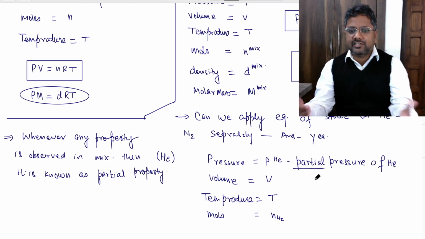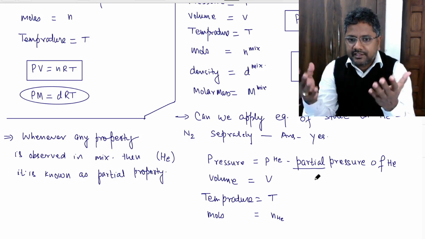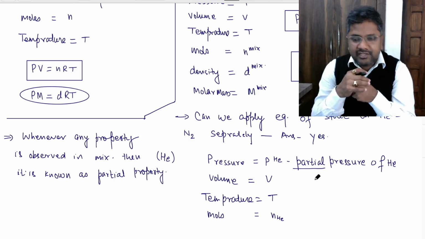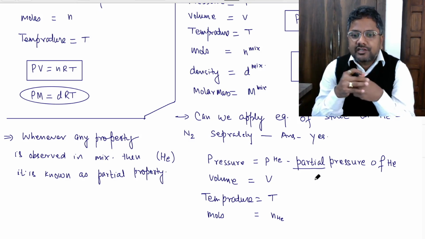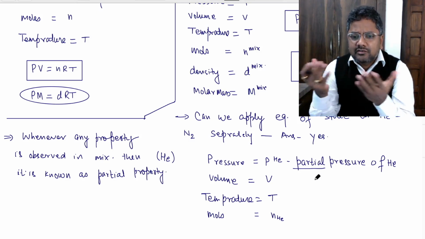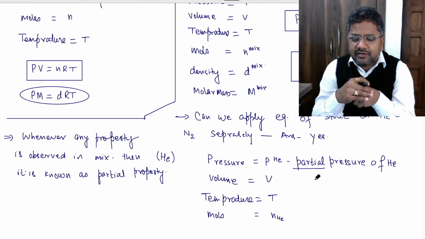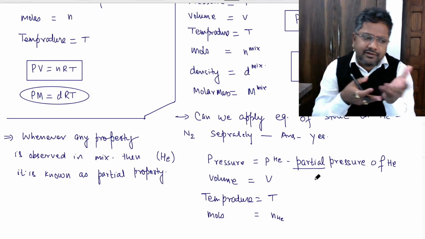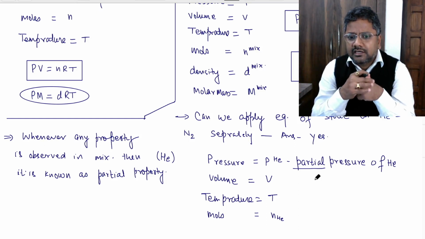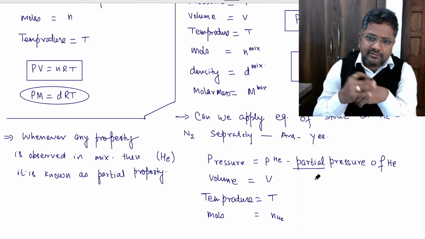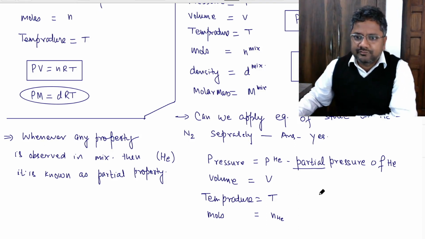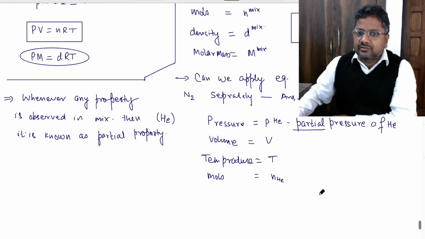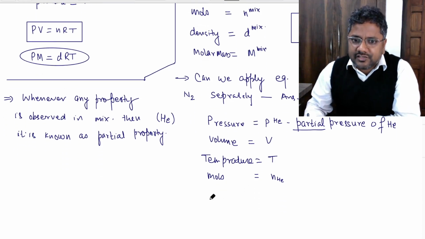So if the pressure is observed in the mixture, then this is called partial pressure. If volume, then for gases there is no concept of partial volume, but for liquids and other components, solids, you have this concept of partial volume, right? So partial pressure.